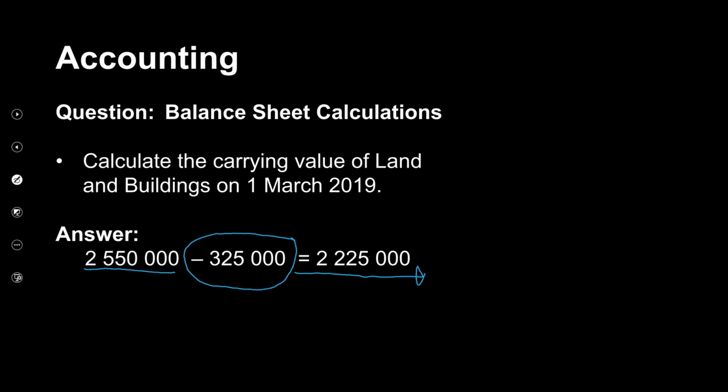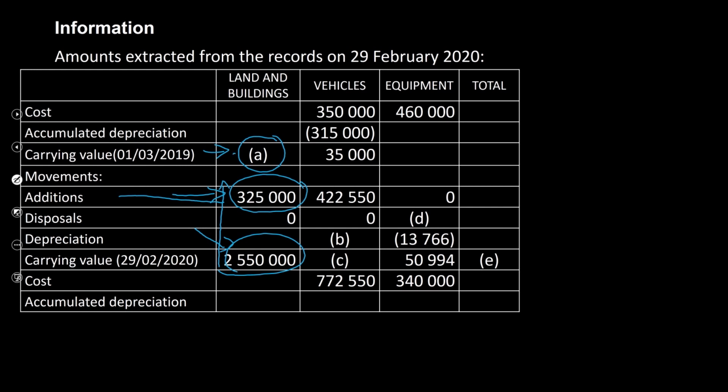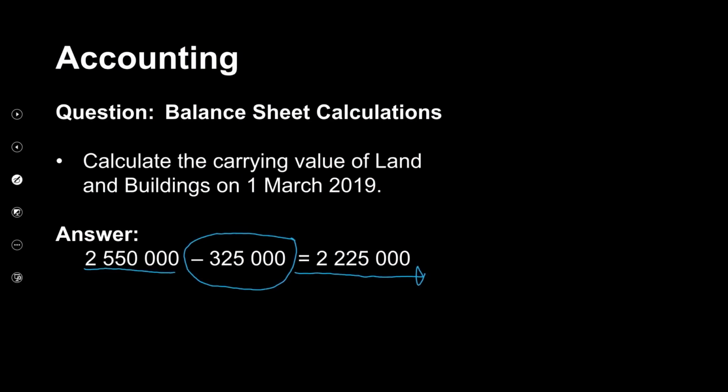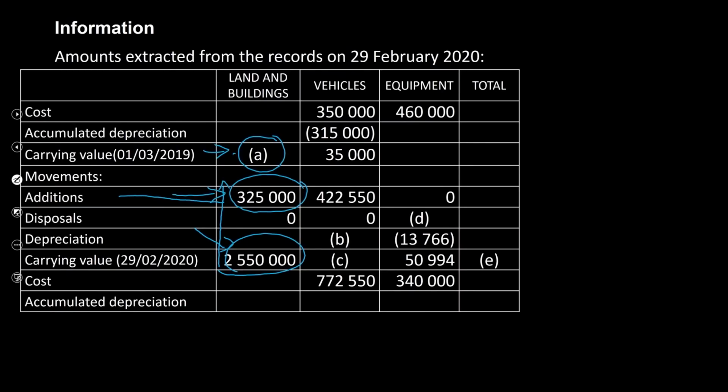2,225,000. In other words, this figure here is your 2,225,000. And what did we do? We started with the year-end balance minus what we purchased. Remember what I said? Reverse operation. Normally, when you're working with a note, you're working downwards.